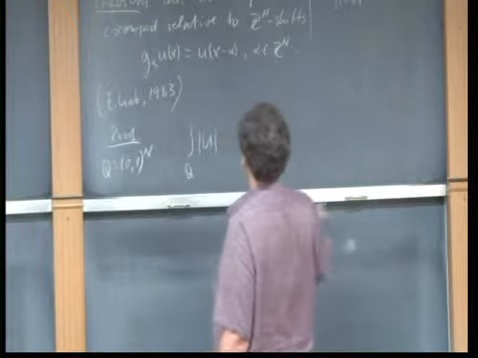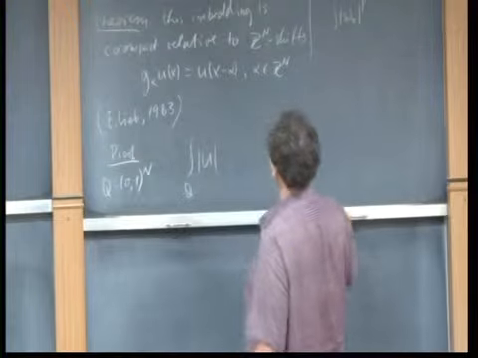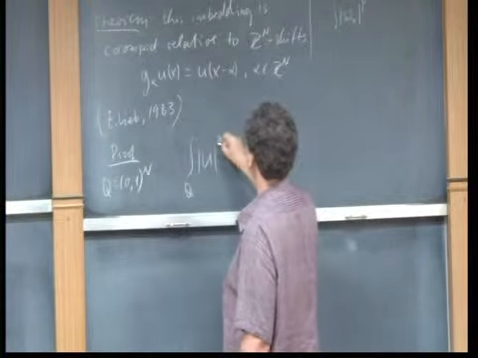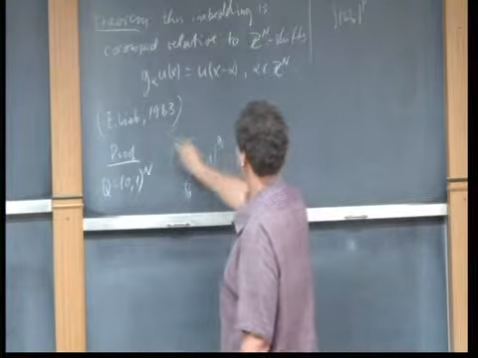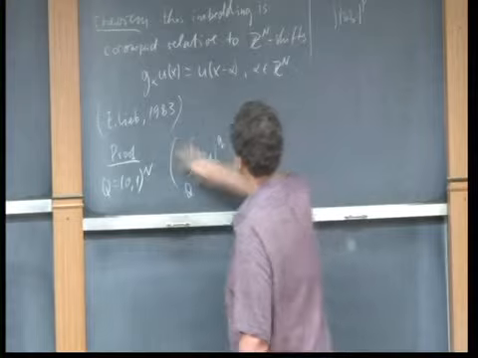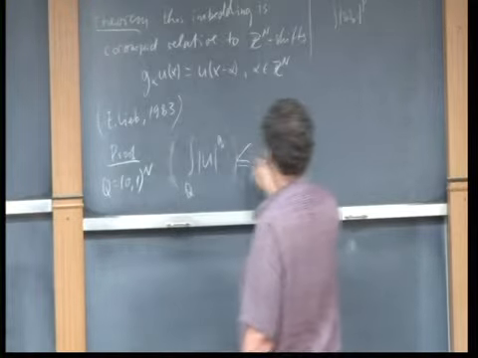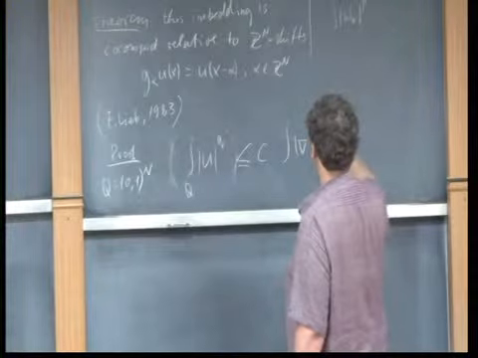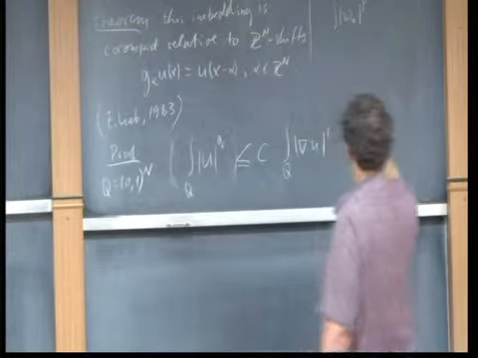I mean, not exactly the same, the version of the embedding for a cube. So the norm of u in L^q is less than or equal to a constant times the gradient norm of u in L^p over the cube.